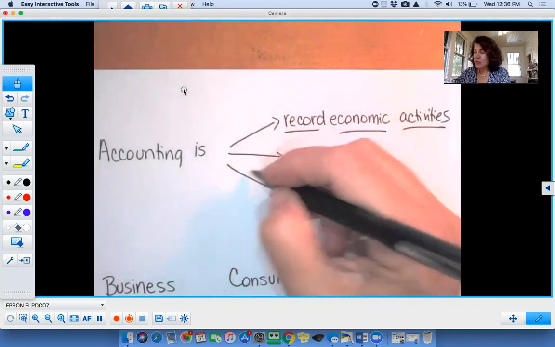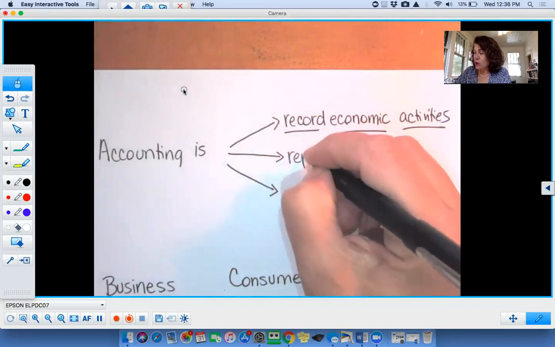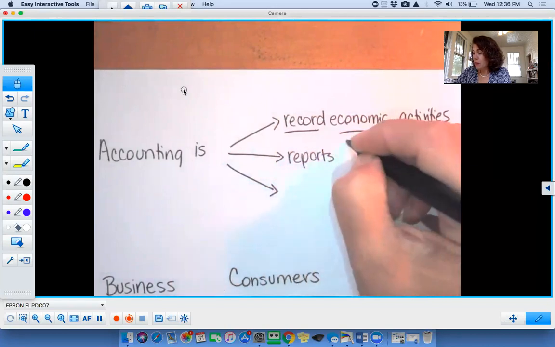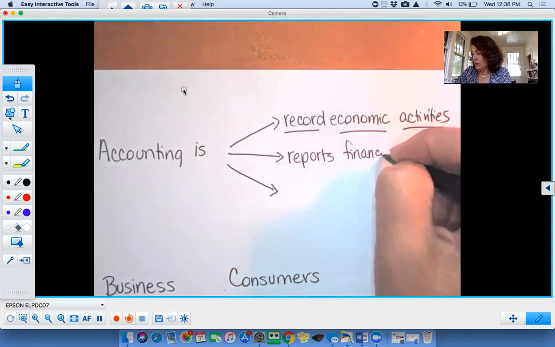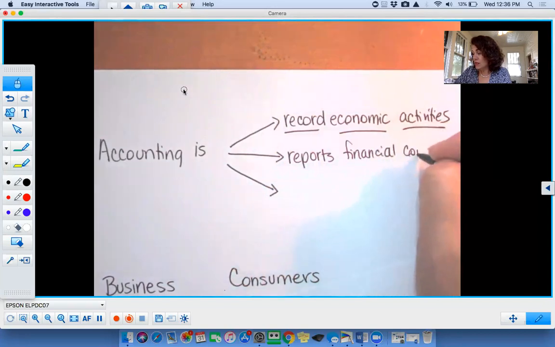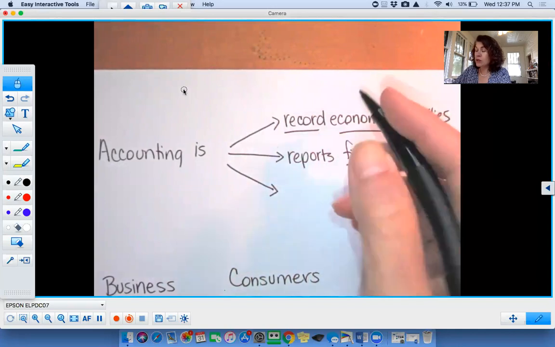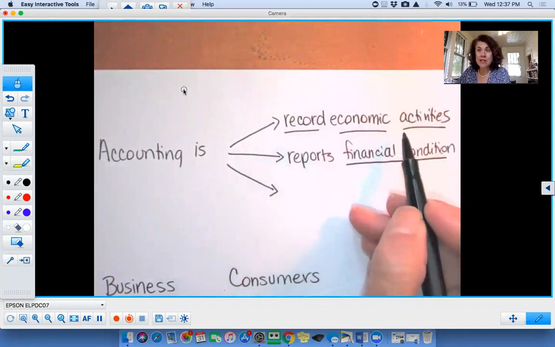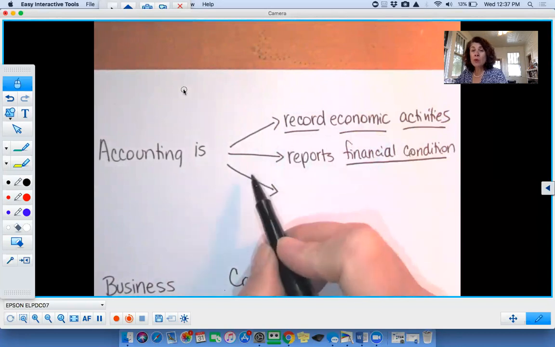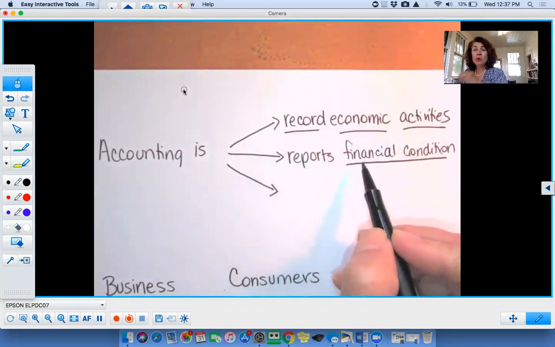Accounting also is a system that reports the financial condition of your company. So accountants not only record those economic activities, but they also create reports that show people the financial condition of your company.